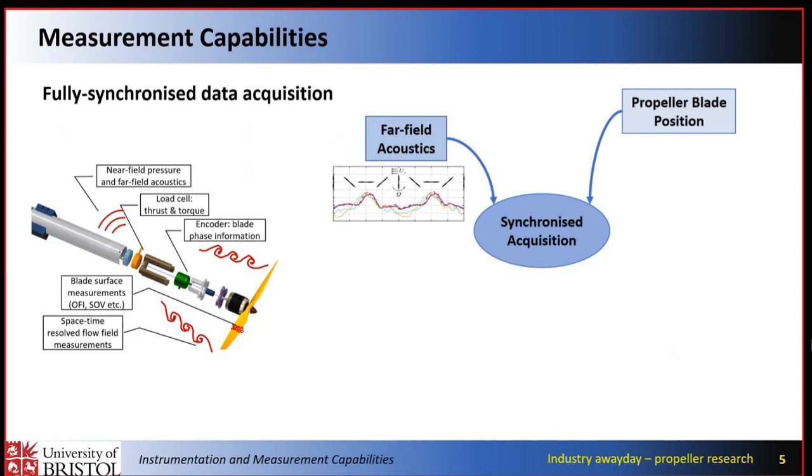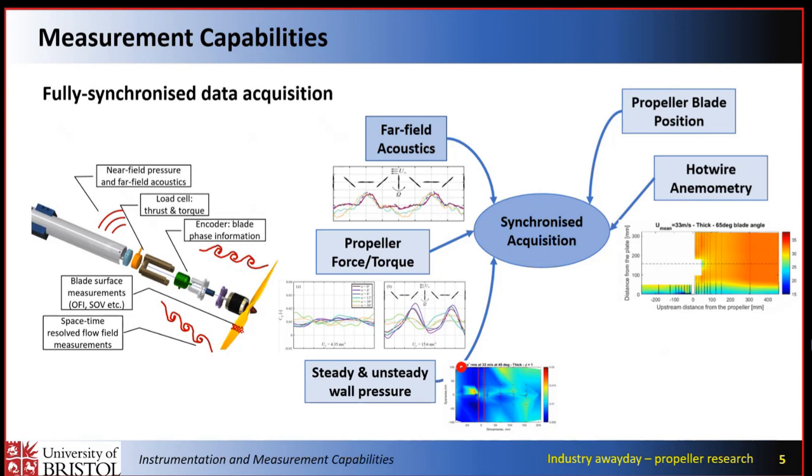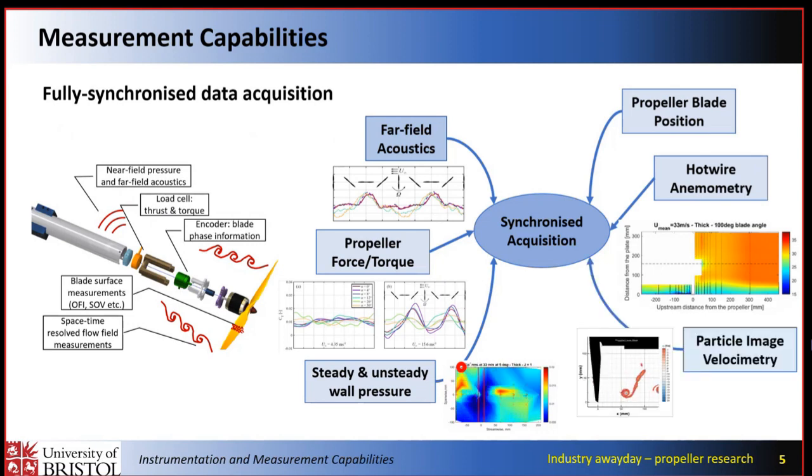All these results we have seen from the previous presentations: propeller torque, force, steady and unsteady wall pressures in installed cases, as well as hot wire and PIV, which reveal the flow field information, and they are also synchronized. So based on one rotation, we are able to see the evolution of the vortex or of certain flow features of interest.